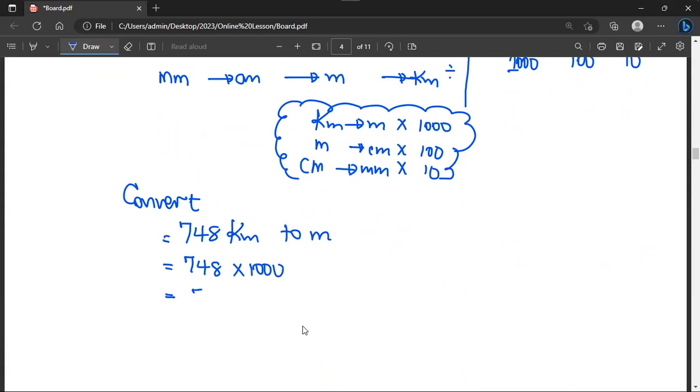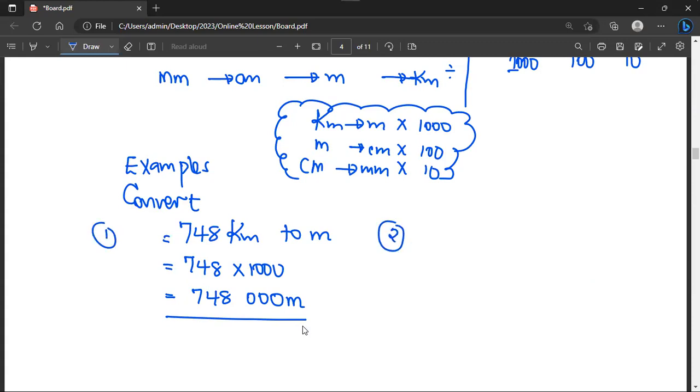And the answer will become 748,000. Don't forget the units. These will be meters. This is example 1.